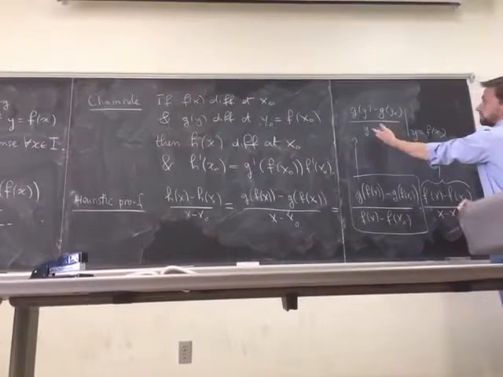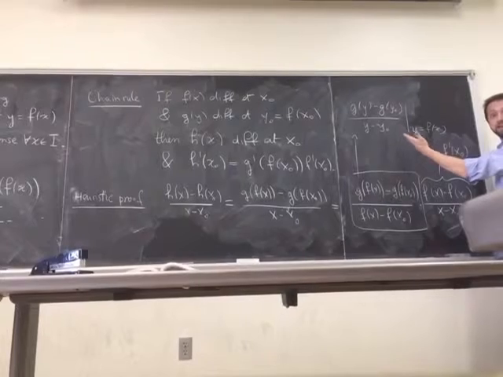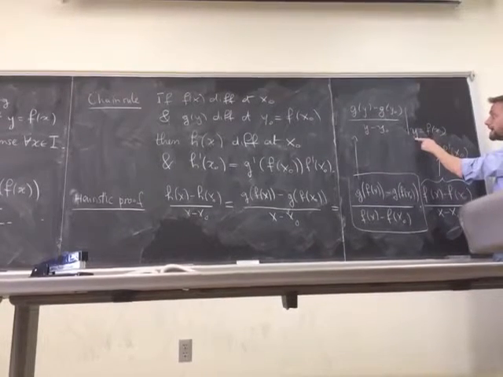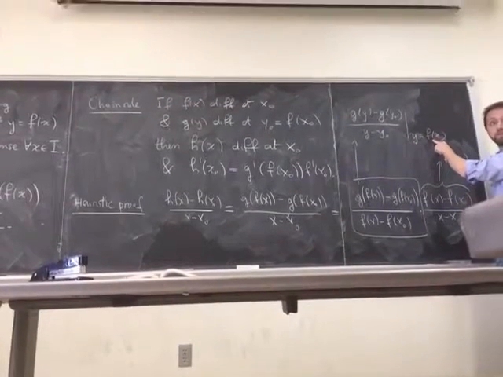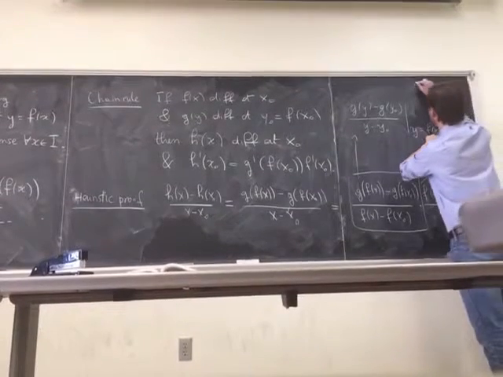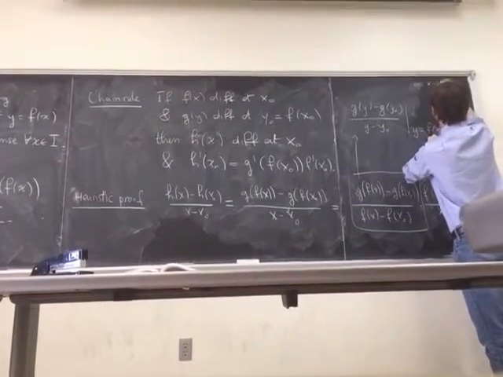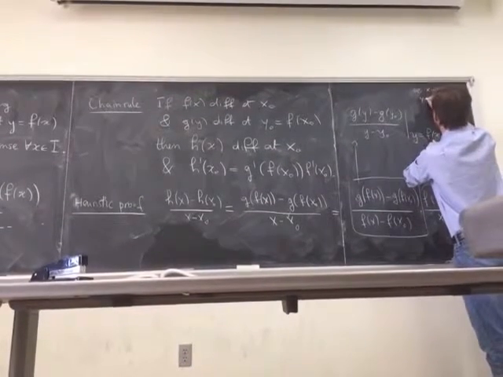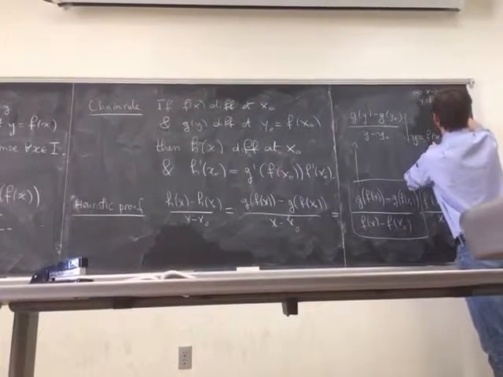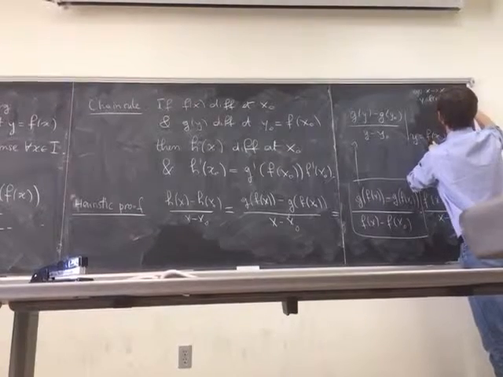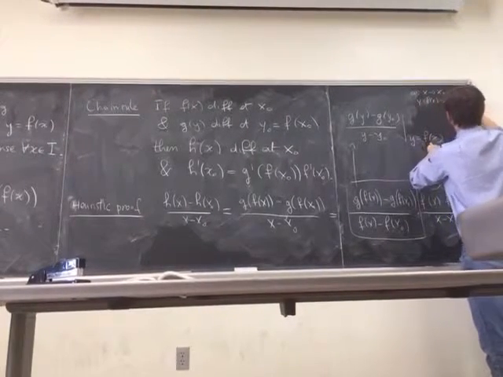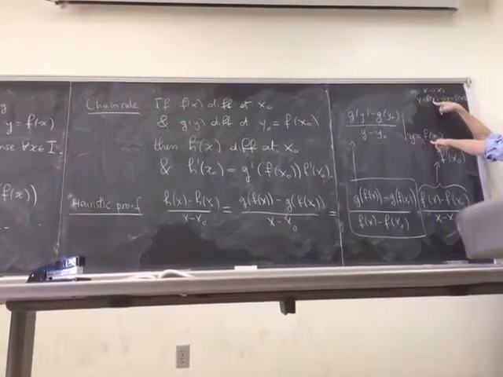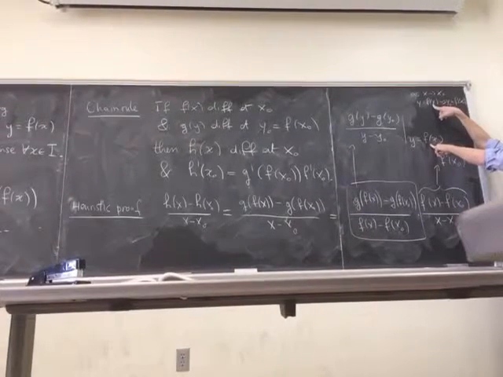Now we are not taking exactly that limit, but we are taking y equal to f of x. So as x goes to x naught, y equal to f of x goes to y naught equal to f of x naught, because being f differentiable at x naught, it's also continuous at x naught.